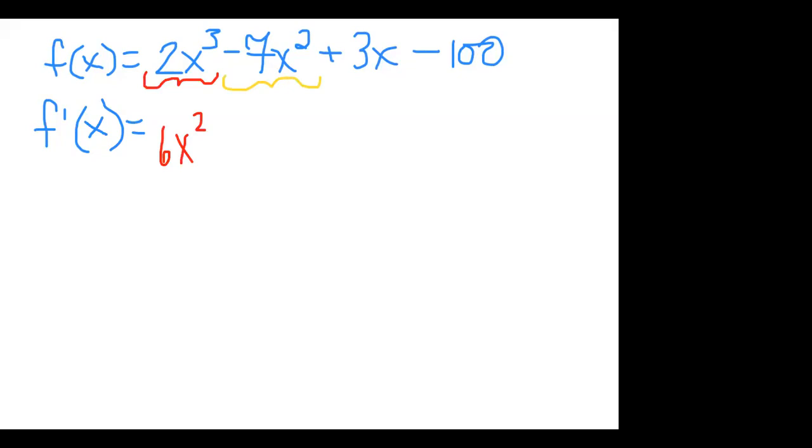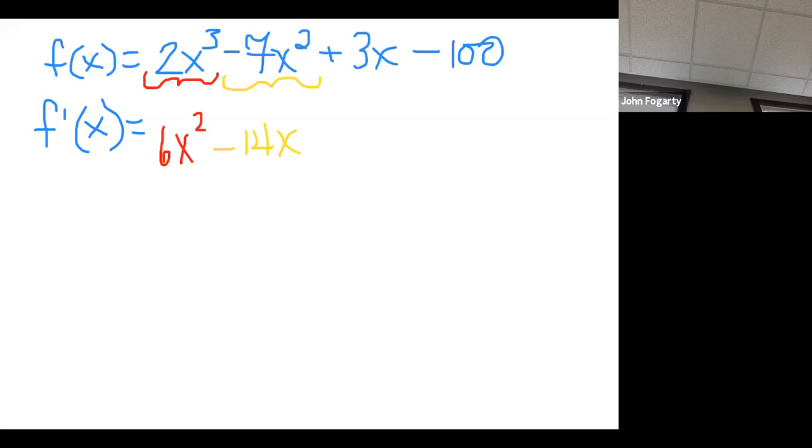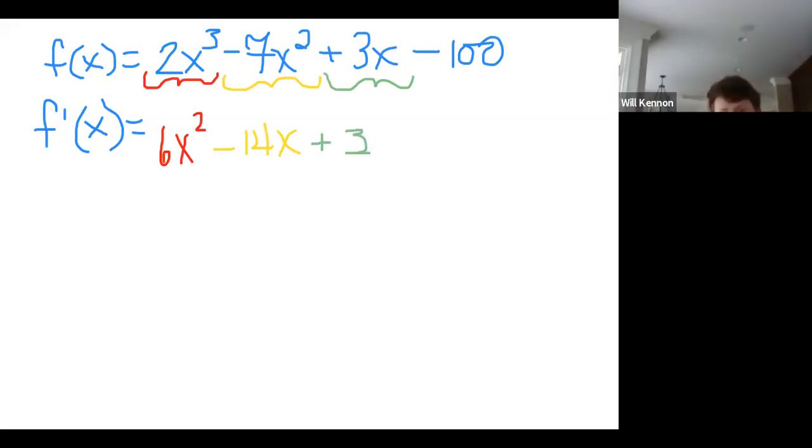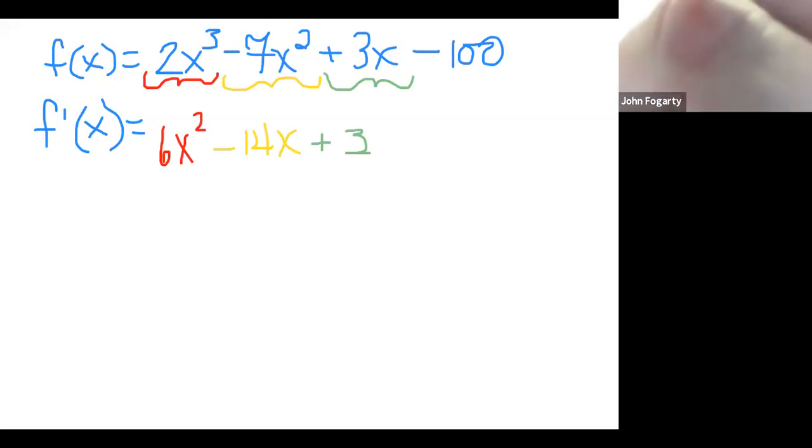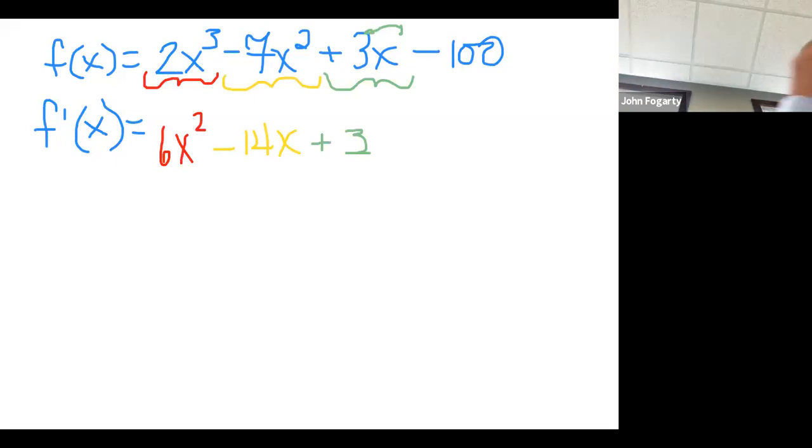Now let's take the derivative of that. Negative 14x. And now let's find the derivative of this. Yes? Yep. It's 3x. Yeah, because like, look, if you move the 1 out, 3 times 1 is 3. What's 1 minus 0? 1 minus 1 is 0. What's x to the 0? 1.